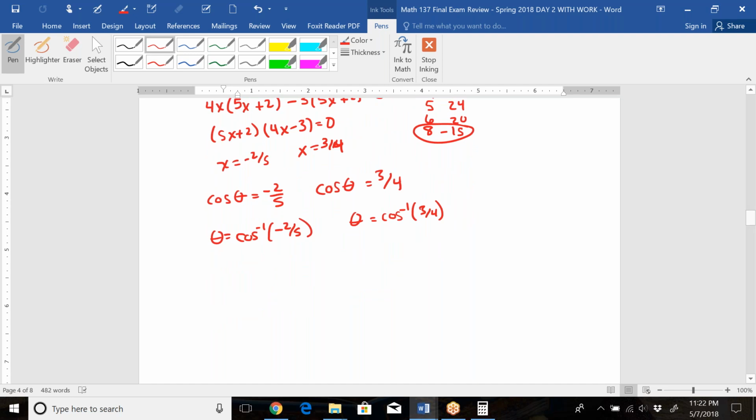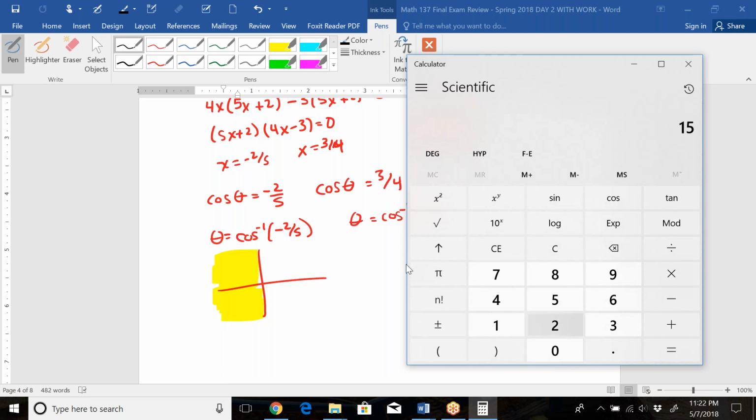When you have a cosine of a negative ratio, you always get an answer in either quad 2 or quad 3. Now the thing about the inverse is it gives you the quad 2 answer because the inverse is defined from 0 to 180.